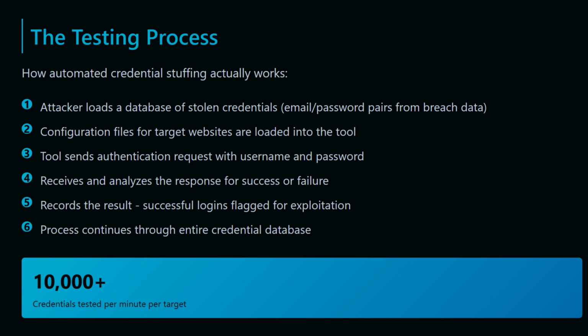So, automated credential stuffing starts where the attacker starts with a database of stolen credentials, email and password pairs from breach data. They load this database into their credential stuffing tool along with configuration files for their target websites. The tool begins systematically testing each credential pair against each target, sending an authentication request with the username and password, receiving the response, analyzing whether login succeeded or failed, and recording the result.